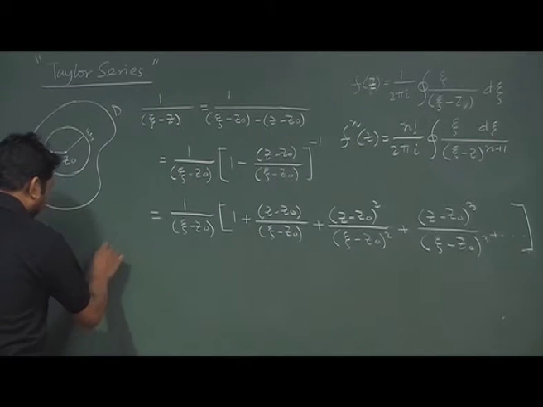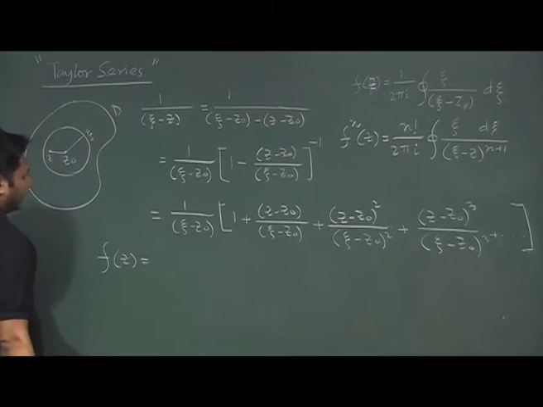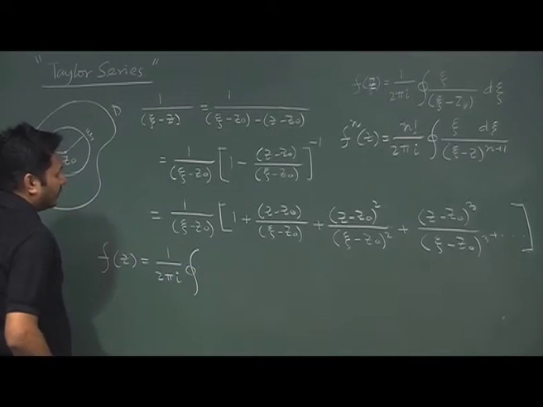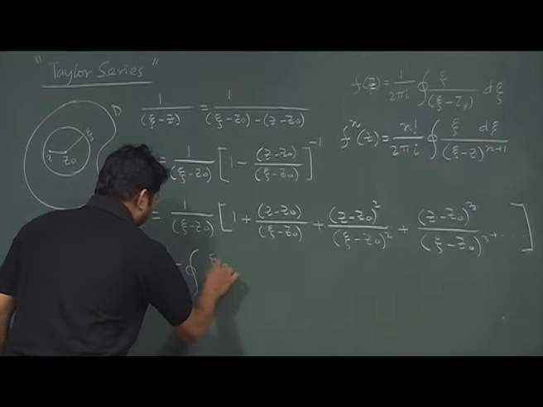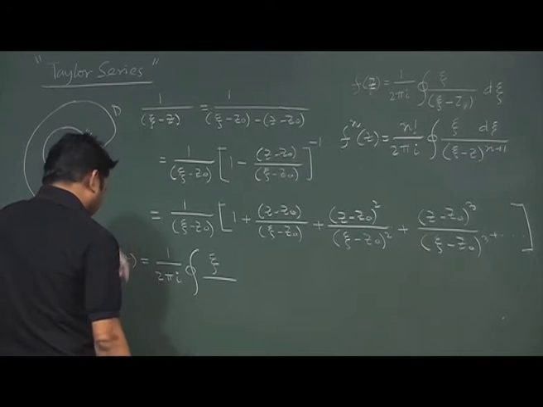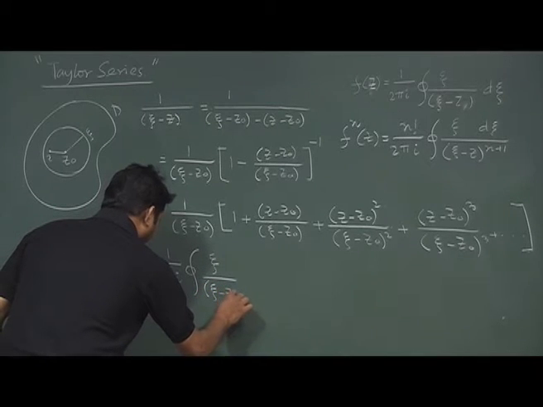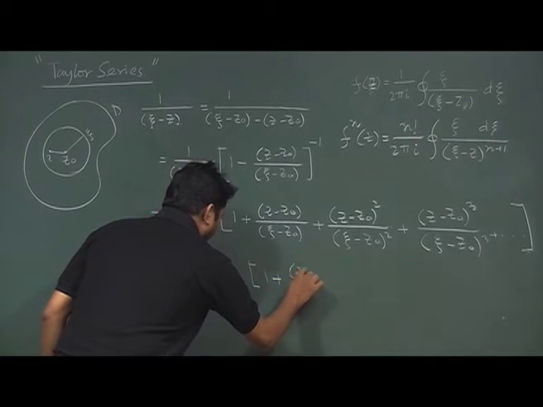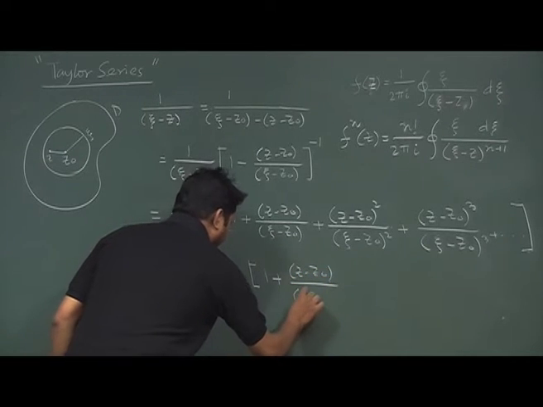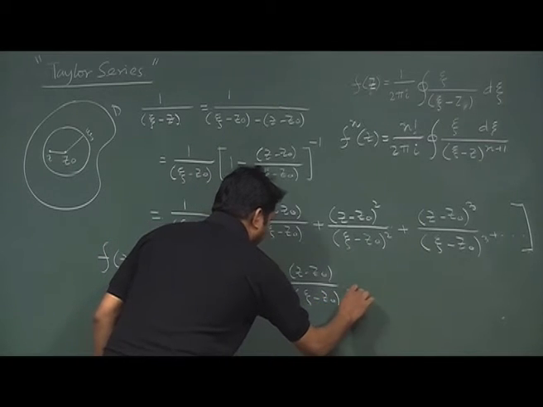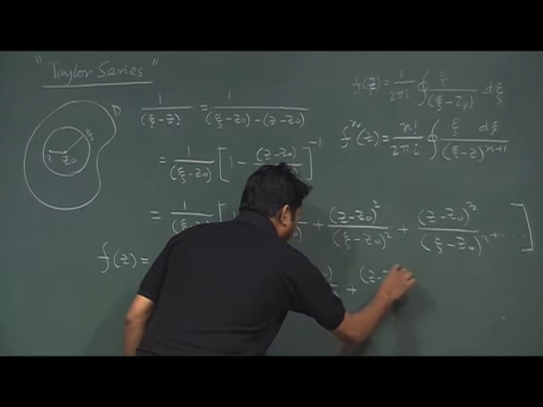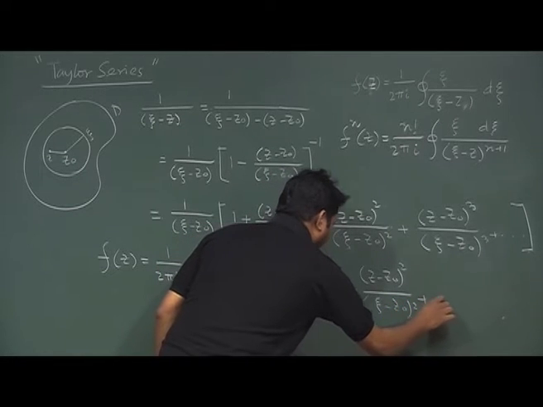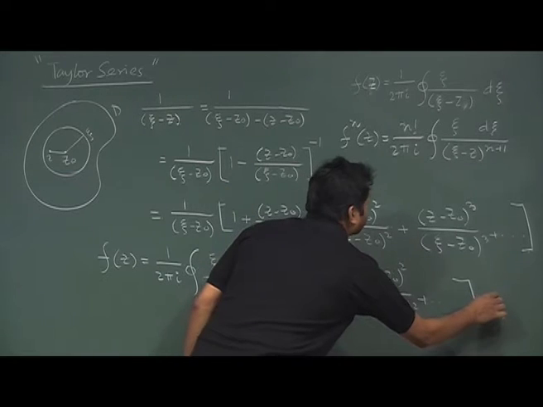So my f(z) is something like 1 by 2 pi i, closed integral of f(xi) by (xi minus z0), multiplied by 1 plus (z minus z0) divided by (xi minus z0) plus (z minus z0) squared divided by (xi minus z0) squared, and so on, with d xi.